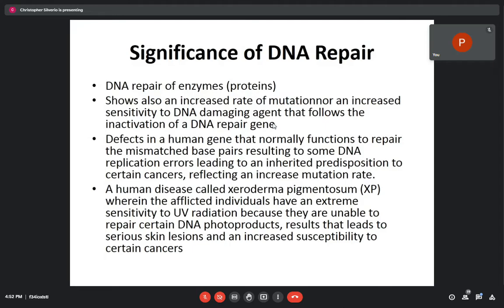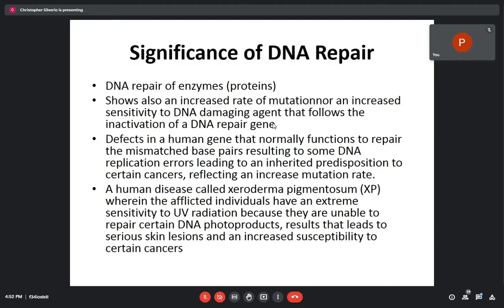What is the significance of DNA repair? It is very important for enzymes and proteins. If the DNA is repaired, the proteins that will be synthesized will be normal. You can just imagine if the DNA has mutated, if there is a change in the DNA structure, you have to go back to transcription and translation of the DNA.